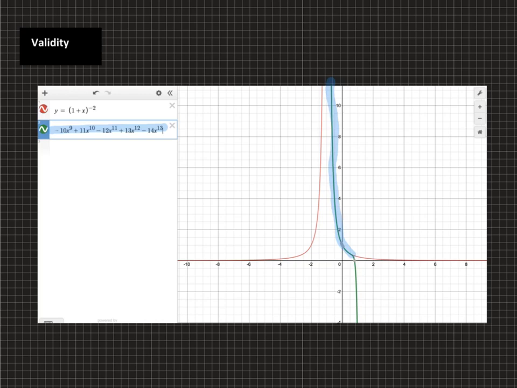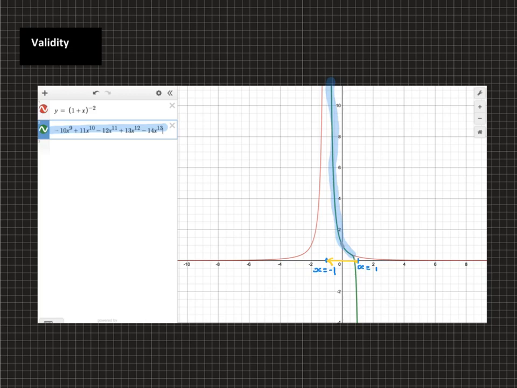Have a look at the x-axis. Can you see that this point here is x equals 1? This point here is x equals negative 1. So between x equals 1 and negative 1, the approximation, i.e. the expansion, matches the original curve very, very closely.